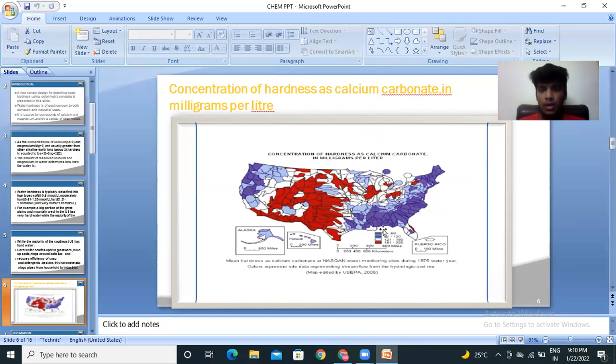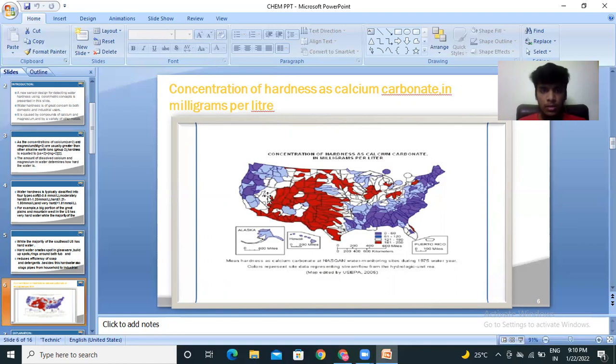Next, here 121 to 180, the concentration of hard water is 121 to 180, in this white colored area, you can see over here.